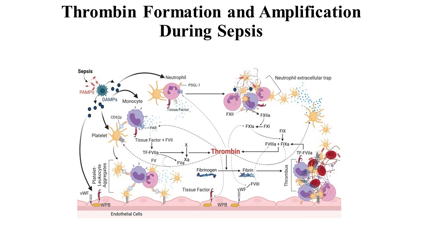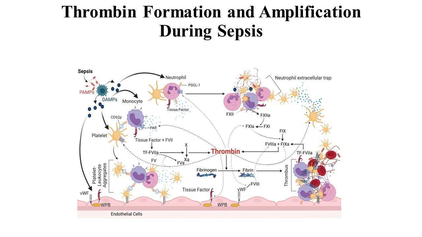Tissue factor binds to factor VIIa, forming the TF-VIIa complex, which activates factor X to Xa and factor IX to IXa. Factor Xa, together with its cofactor factor Va, forms the prothrombinase complex on phospholipid surfaces, particularly activated platelets, converting prothrombin into thrombin.